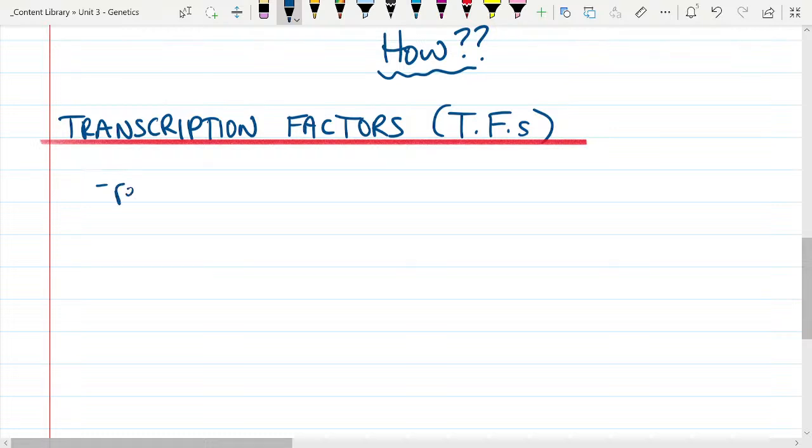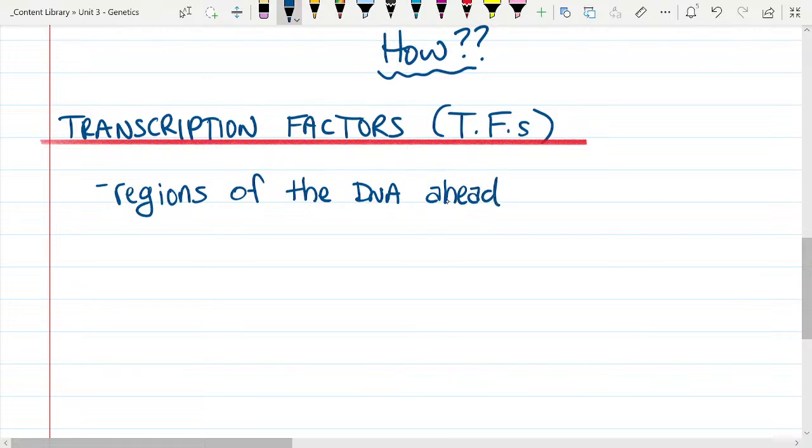Okay. So those regions of the DNA ahead of genes, and when I say ahead of, do you know what I mean?